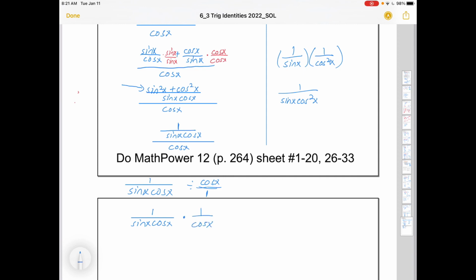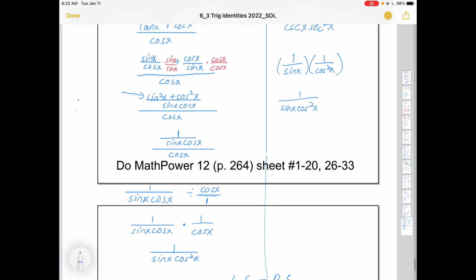Dividing by cos x is the same as multiplying by 1 over cos x. And what do we get in the end? On the bottom we'd have sine x times cos squared x. Oh my gosh, the left side equals the right side. We have proved what we set out to do by manipulating both sides.